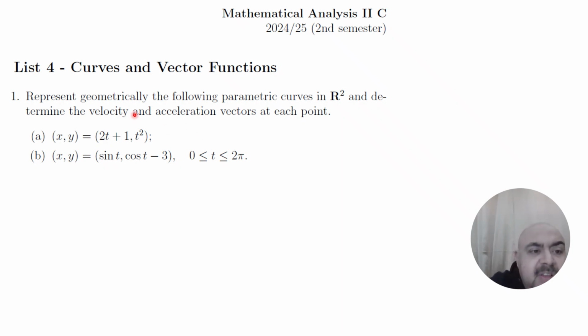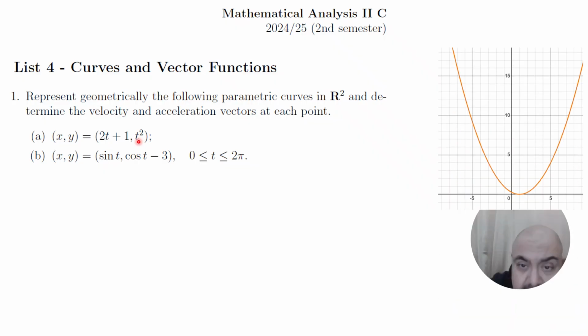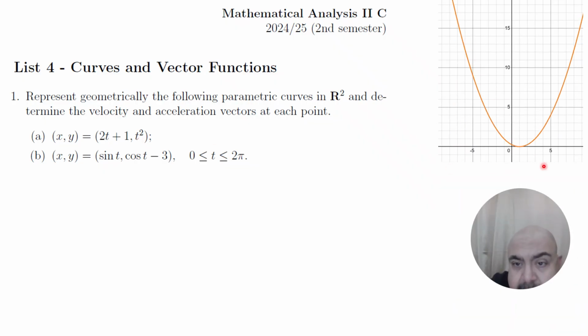If I start with t equal to 0, 1, and 2 and substitute in the first vector function, it will give you the given parabola. If you insert t equal to 0, you will have 1 and 0, which is the vertex of your parabola.